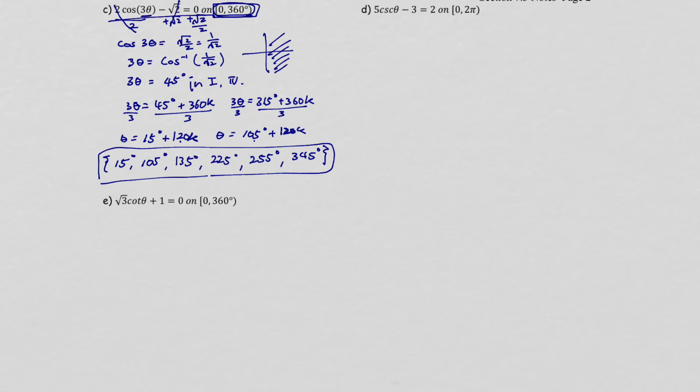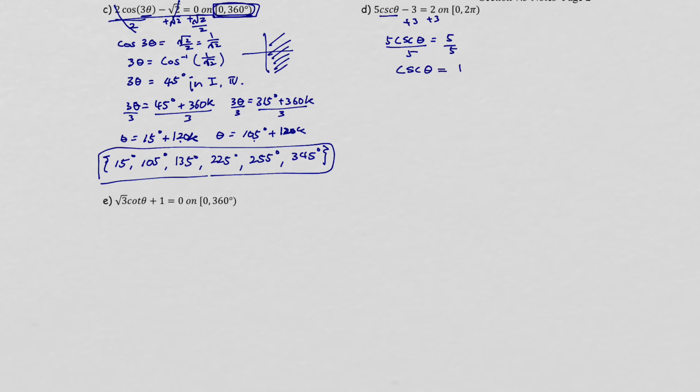Let's look at the next one. This one, let's see what we wanted to do. Again, let's isolate this part, right? It means you're going to add 3 and then divide by 5. So when you add 3, it will be 5 cosecant theta equals 5. When you divide that by 5, it will be 1.